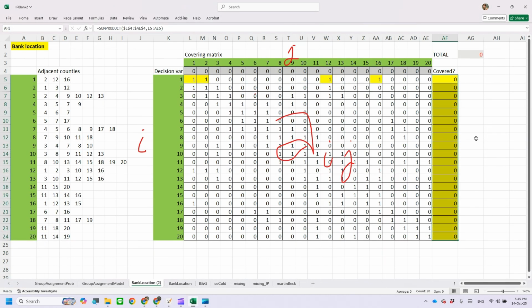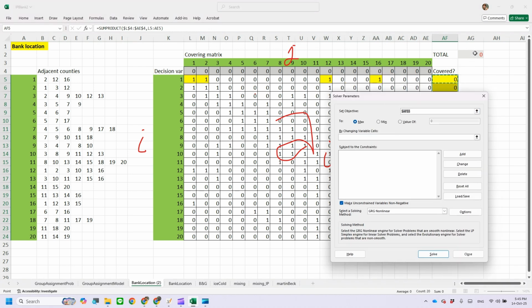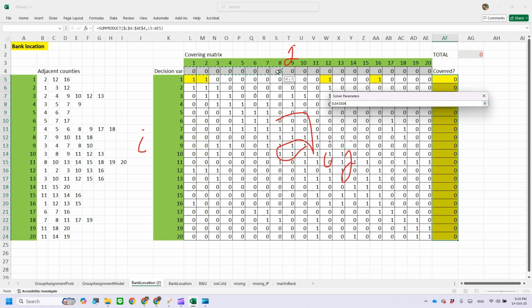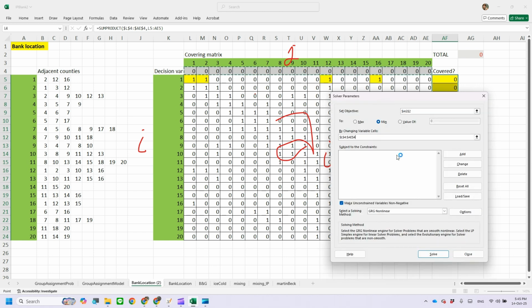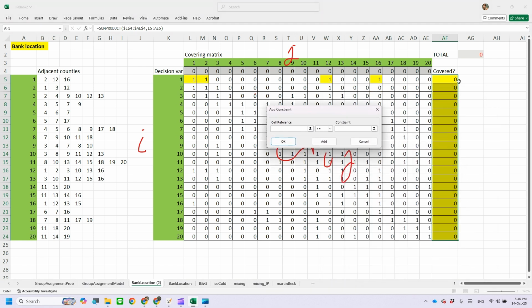So now I call up the Solver under Data, and here I want to select the objective to be the sum of the decision variables, and I want to minimize. Changing variable cells, our decision variables, are these ones. And I add a constraint that every county is covered, so greater than or equal to 1.